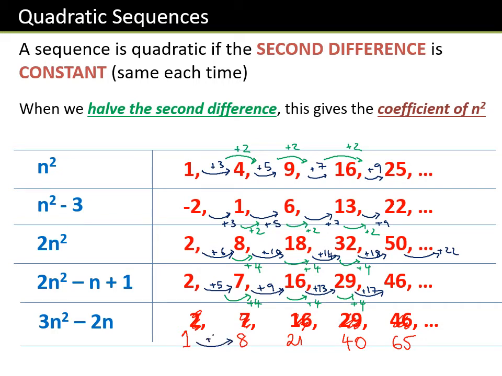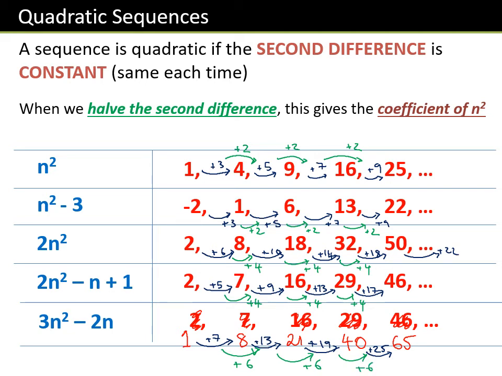Here I'm adding 7, then I'm adding 13, then I'm adding 19, and then I've added 25. If I look at my second difference here, from 7 to 13 I've added 6. Here I've added 6, here I've added 6.